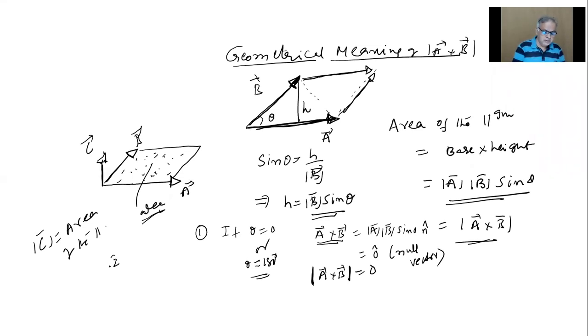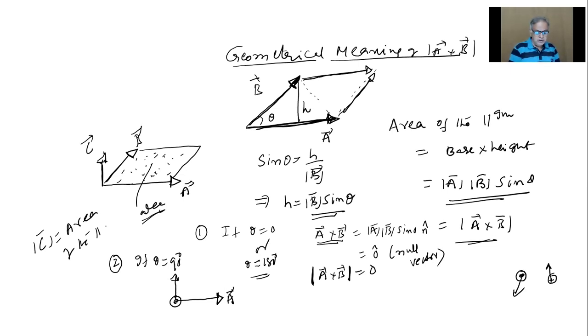And the second case, if theta equals 90, what do you mean by that? This is my A, this is my B. In the plane I am showing, A cross B will be out of the plane like this. Remember, in future, if I put a circle and put a dot there, it is the tip of an arrow, so the arrow is coming toward you in 3D. If I put a circle and put a plus sign, this is the tail of an arrow, the arrow is going into the page.